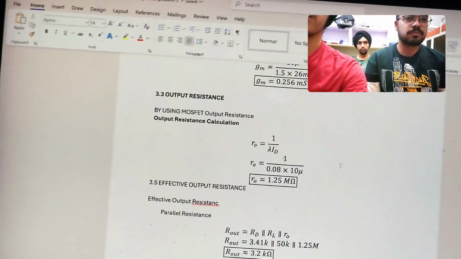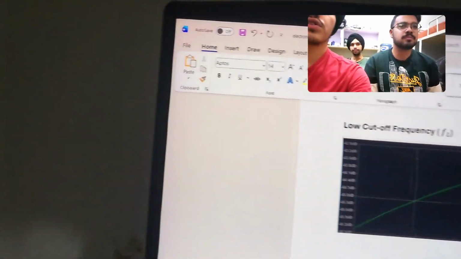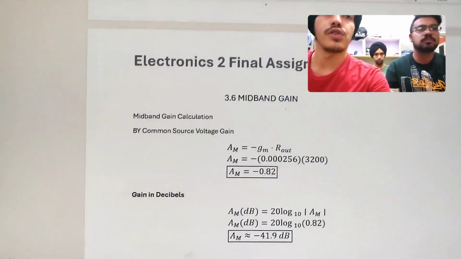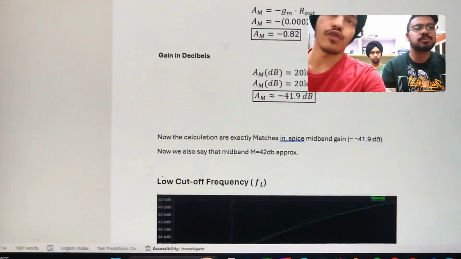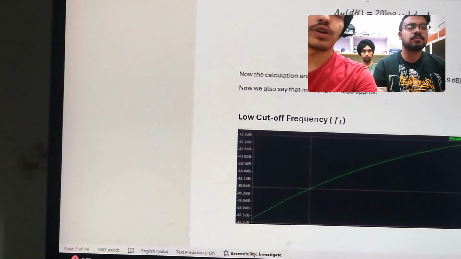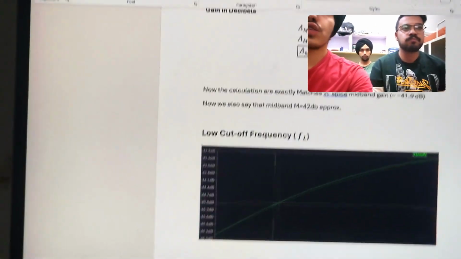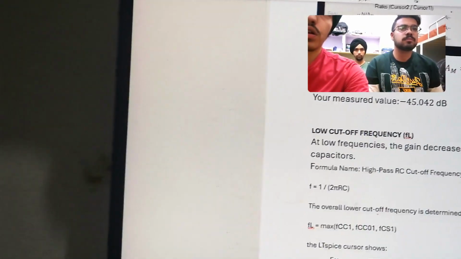Next. Here is the mid band gain. After the calculation we get 41.9, which is approximately 42 decibel. Now we also get the lower cutoff frequency graph, which shows V out increasing.